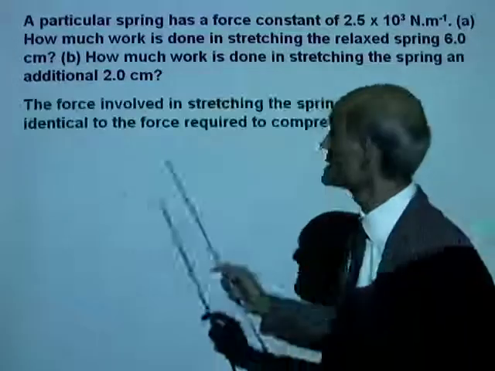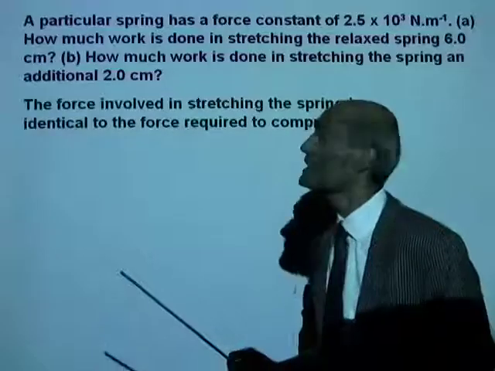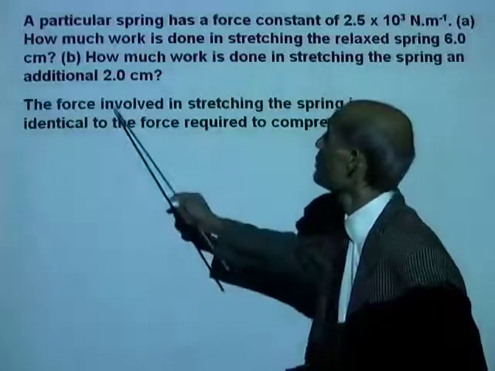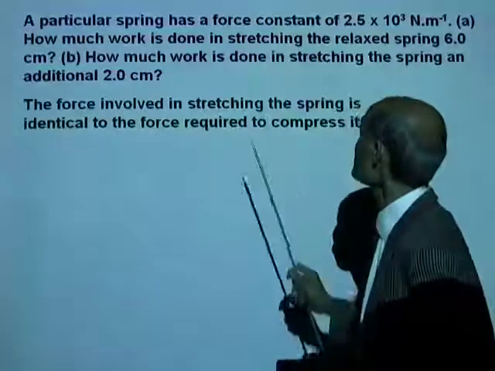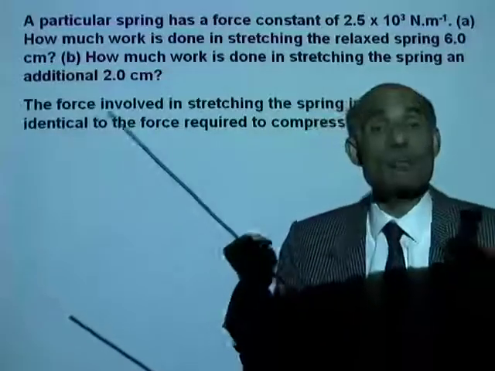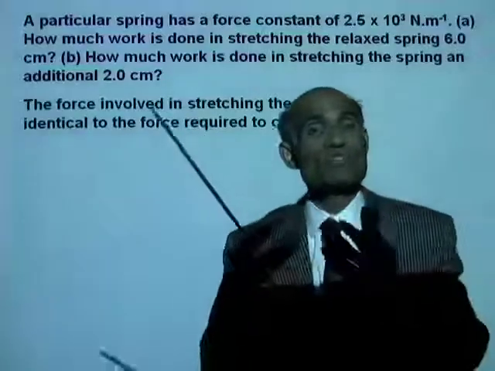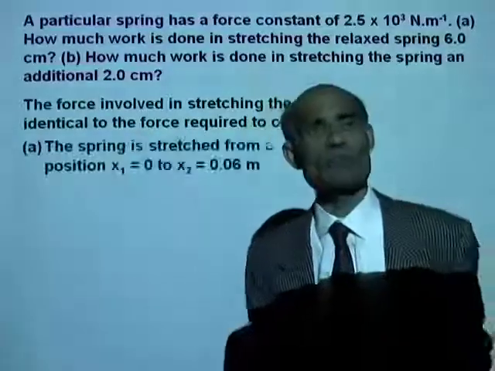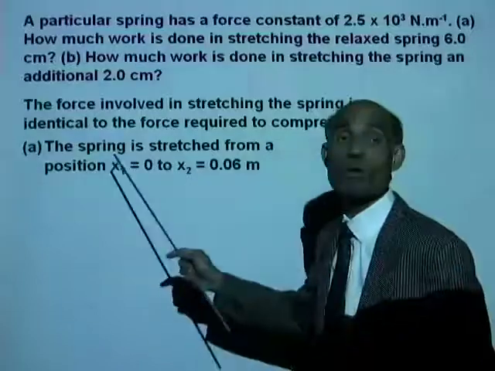All right, let's put down the values we know. The force involved in stretching the spring is identical to the force required in compressing it. So we will use one for the other without any problem.